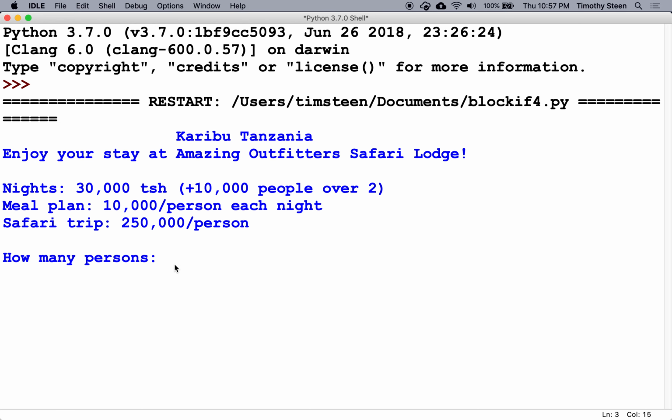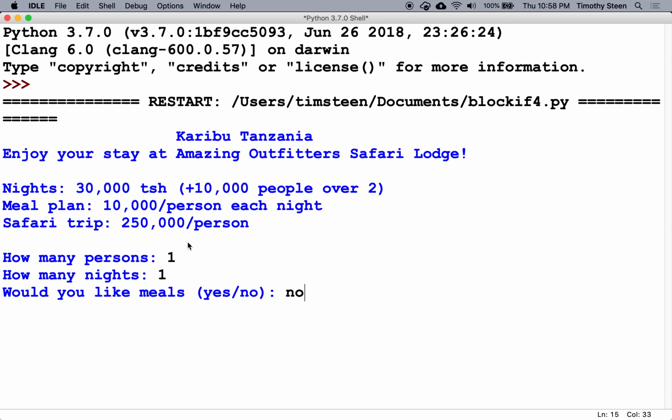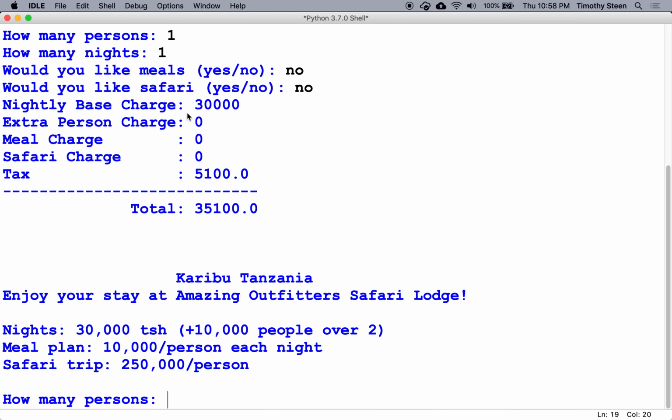This one is really important for you to have on your screen because you can check your answers and make sure that you get the same thing I do. So for instance, if I was to say it's one person, he stays for one night, so one person doesn't get a surcharge, one person costs 30,000 for one night, they don't want any meals, they don't want to go on a safari, I don't even know why they're there, and it costs 30,000 for one person for one night, 5,100 for the tax, for 35,100, right?